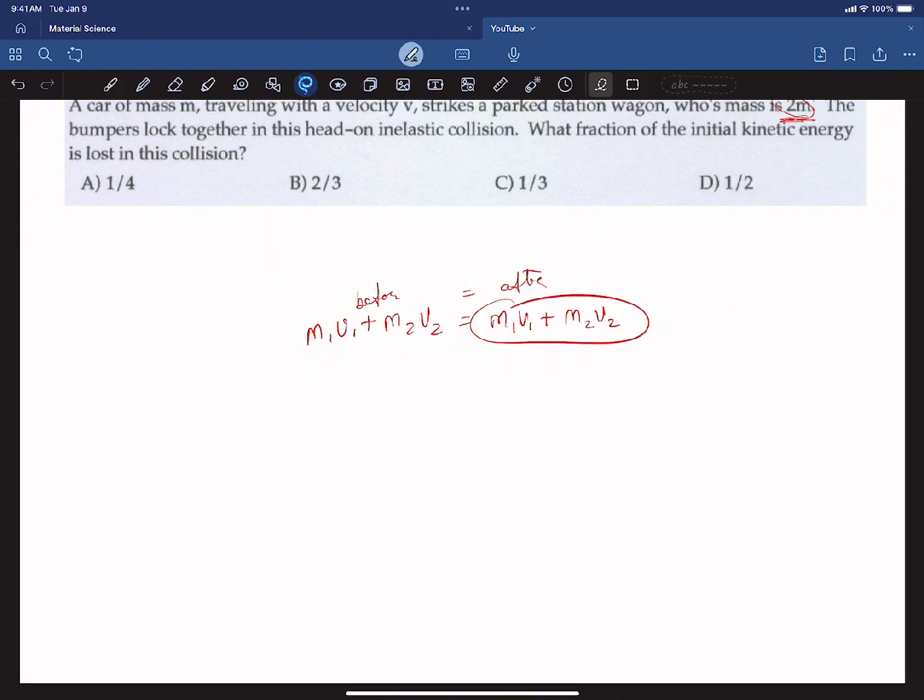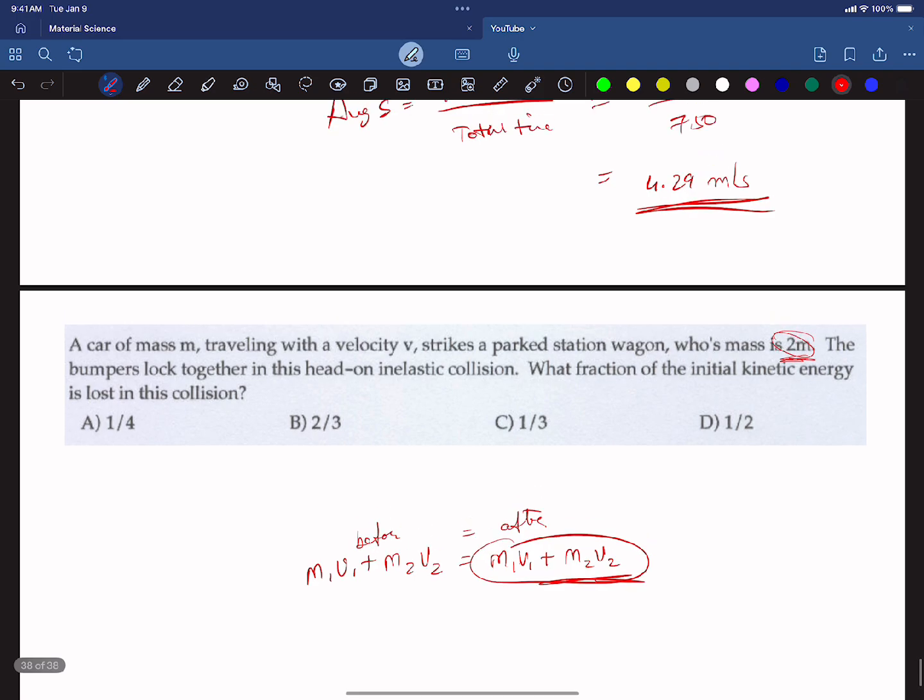So we'll use the same equation. In this case, the mass of our second object, which is the wagon at rest, is 2m. Okay, that's not 2 meter, that's 2m.